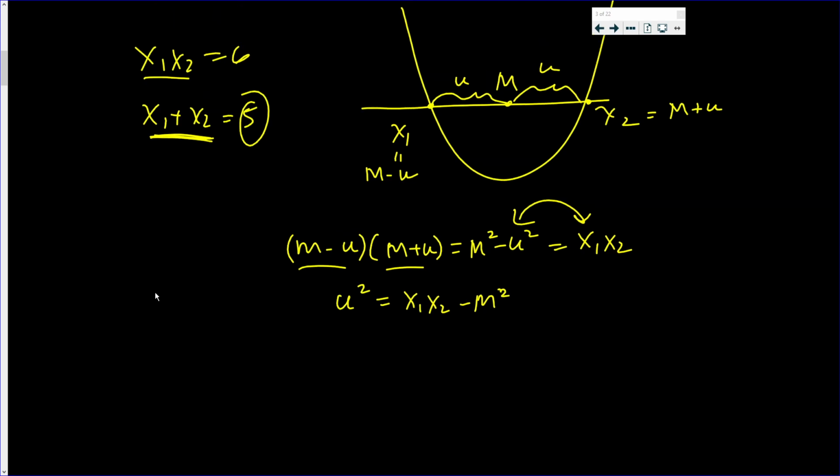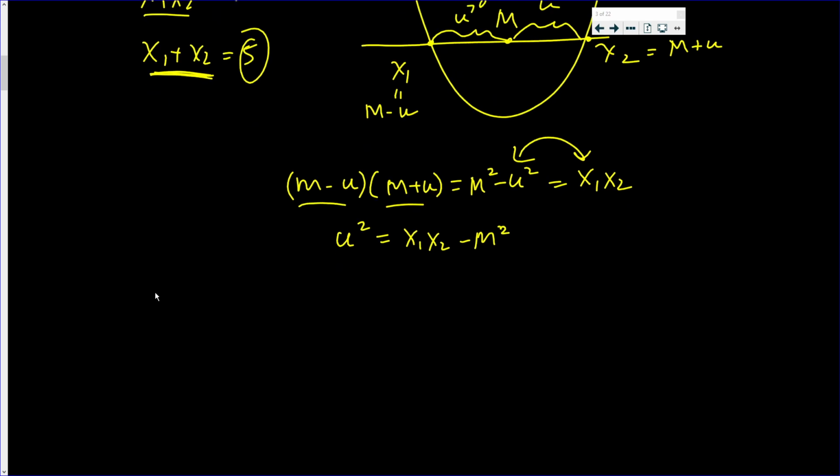Now, u by design is positive. It's a distance. So u is just the square root of this. Now this is all in theory, these formulas or equations I'm writing. I'm not suggesting you need to memorize them. But we know that one root is (x1 plus x2) over 2 minus u.